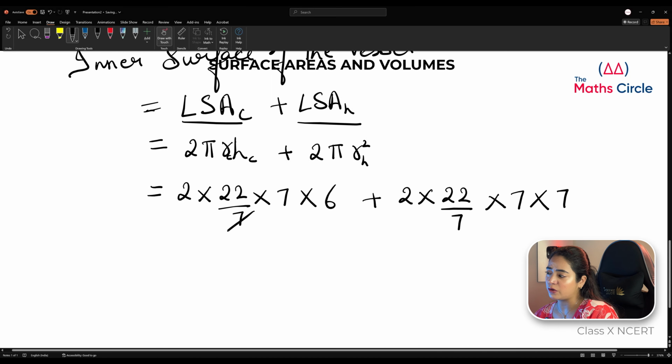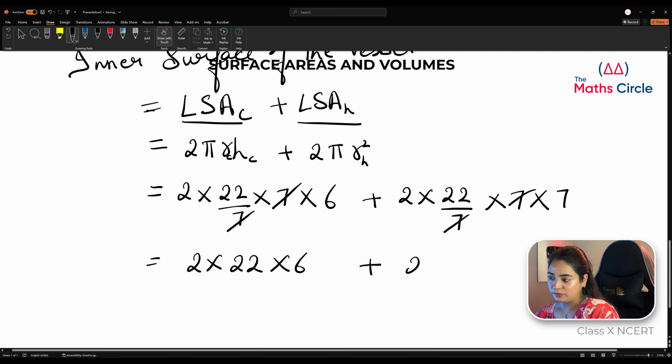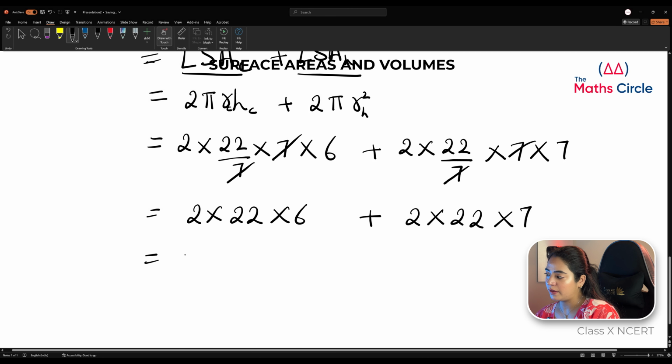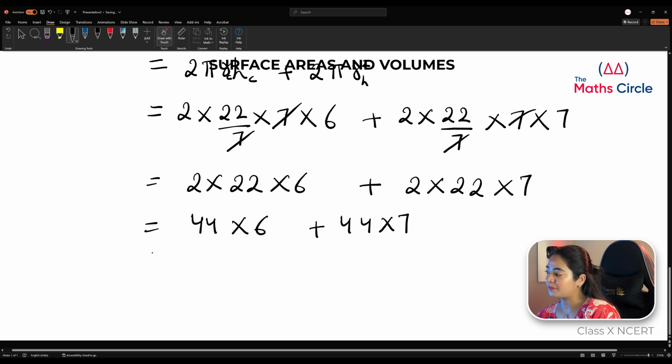Simply we can cancel out numerator and denominator and we get 2 into 22 into 6 plus 2 into 22 into 7. Here we get 44 multiplied by 6 plus 44 multiplied by 7.